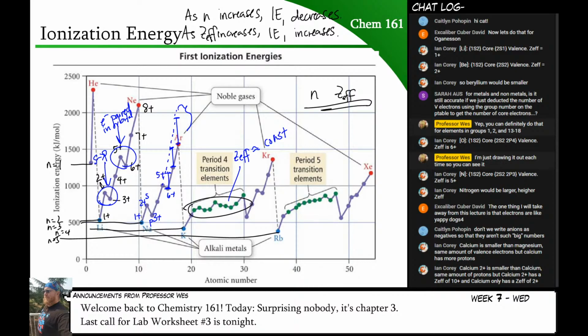And you can see those at the top here. So as N increases, ionization energy decreases. As Z effective increases, ionization energy also increases. And then we've got the S to P transition, which causes these little boops, we'll call them. And then the first time we pair electrons in an orbital causes another boop.